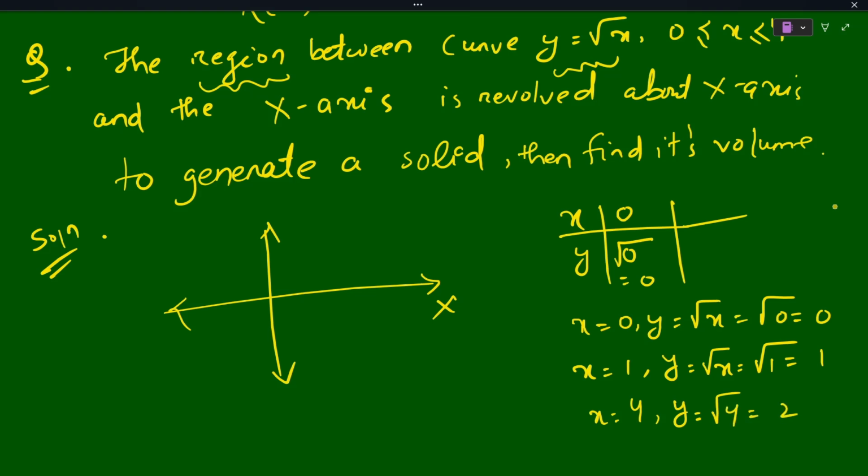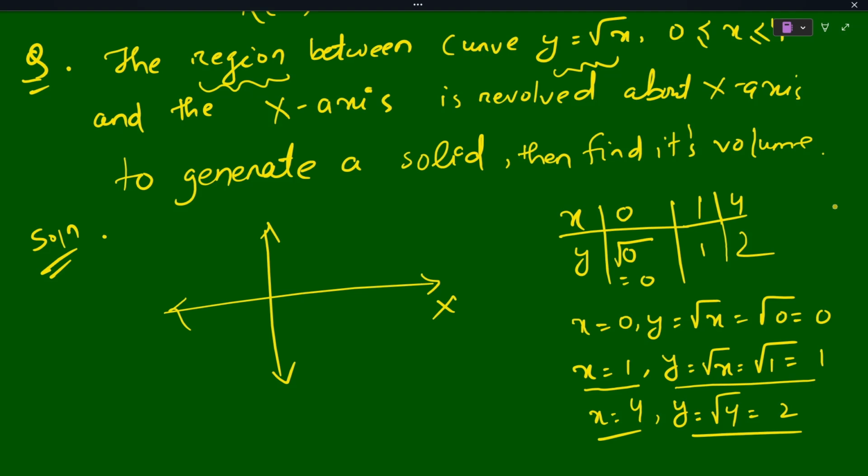In this table, when x is 0, y is 0. Similarly, when x is 1, y is 1, and when x is 4, y is 2.